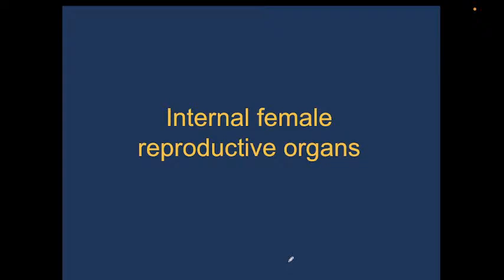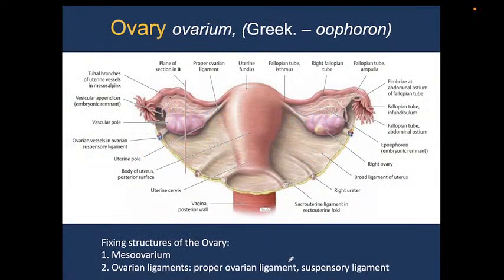First we are going to talk about the internal female organs, and we start from the ovary. The ovary is a female gland located in the pelvis, on the side of the small pelvis.